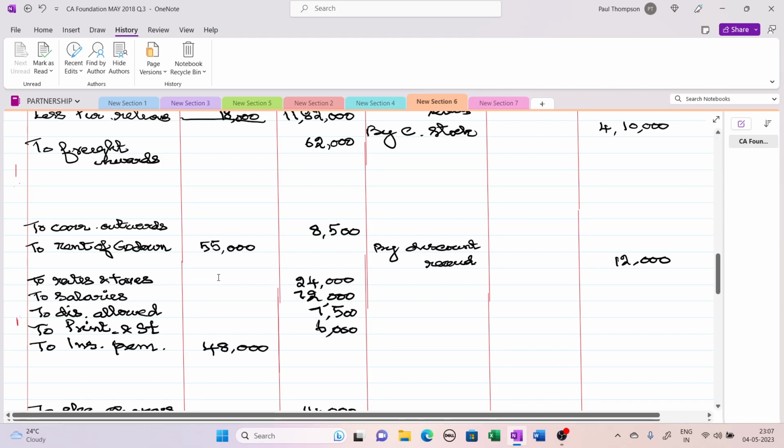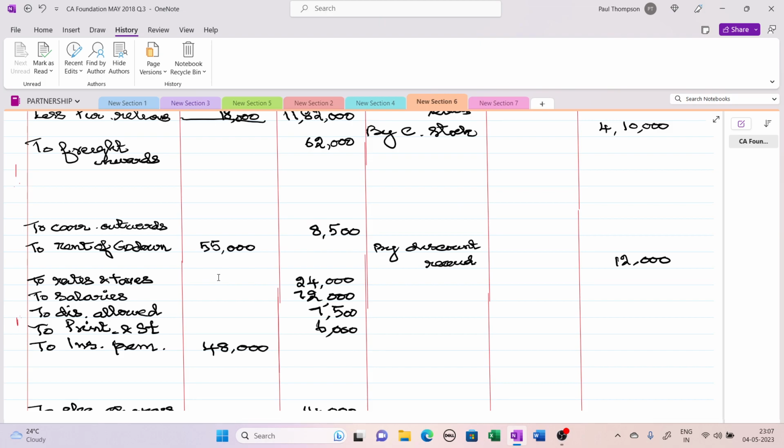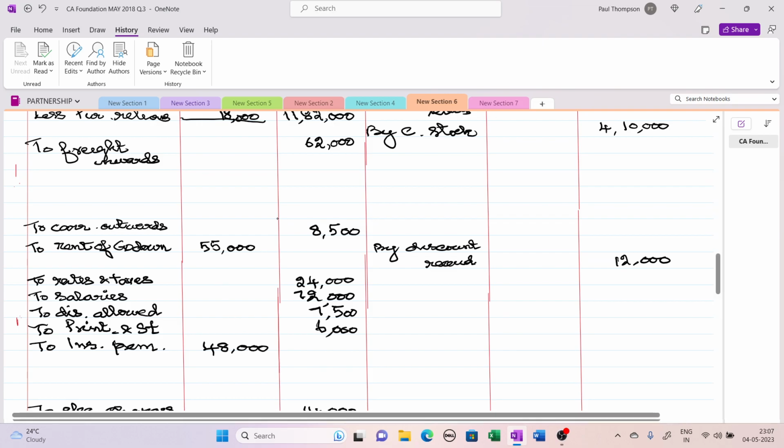Because the trading and P&L account is prepared on the matching concept, whether payment is made or not, the moment expenditure is incurred, you must take it into account. Whether accrued income is received or not in cash, we must take it into account. That is the matching concept followed in our trading and P&L account.